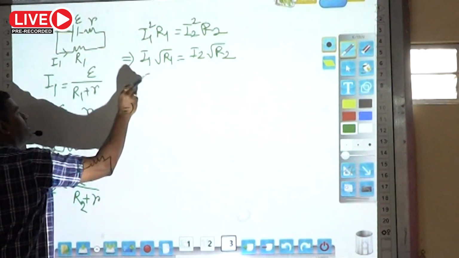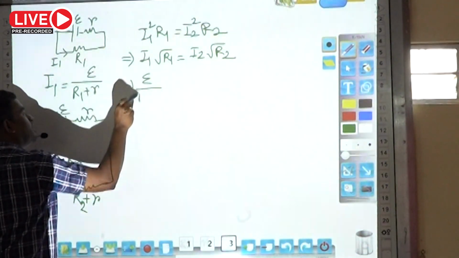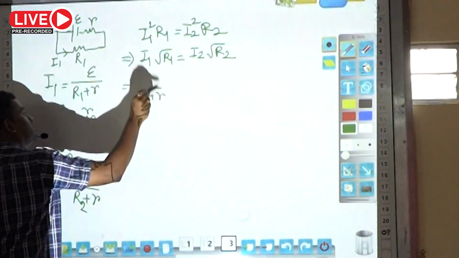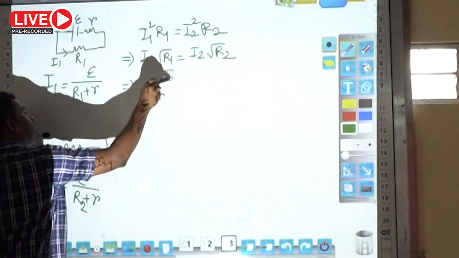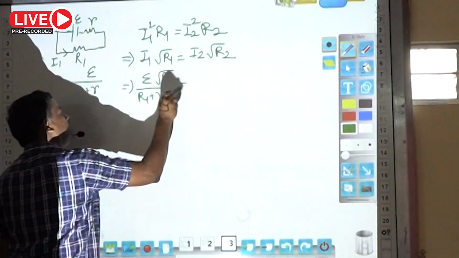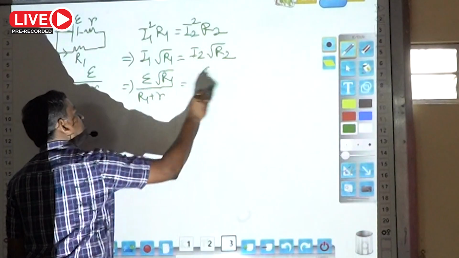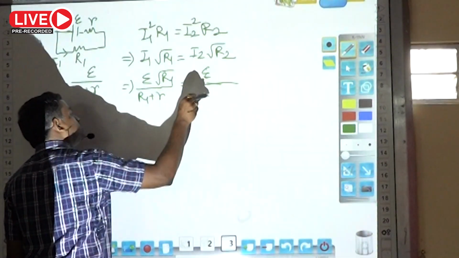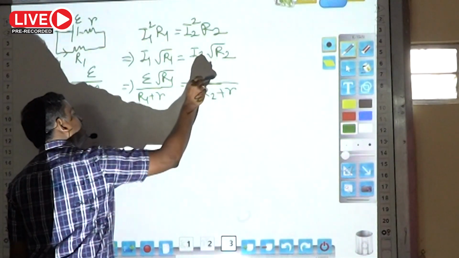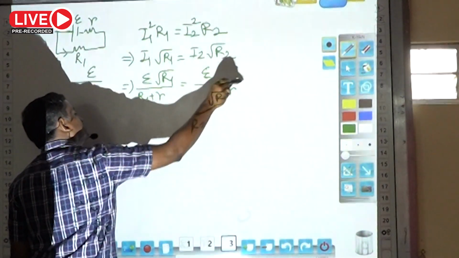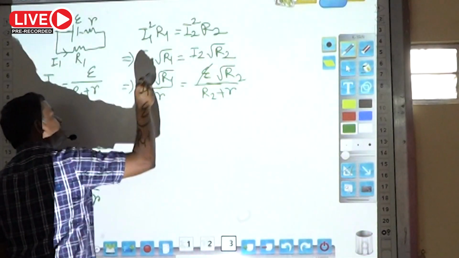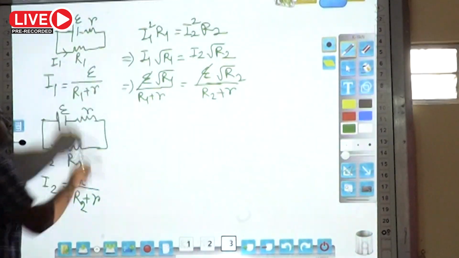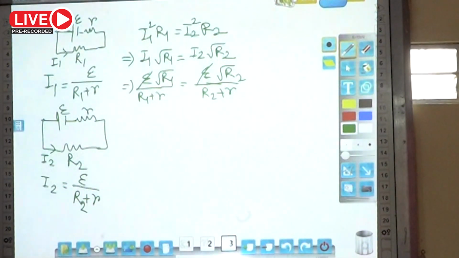It will be E by R1 plus r, times root R1, equal to E by R2 plus r, times root R2. See, E will cancel from both the sides.